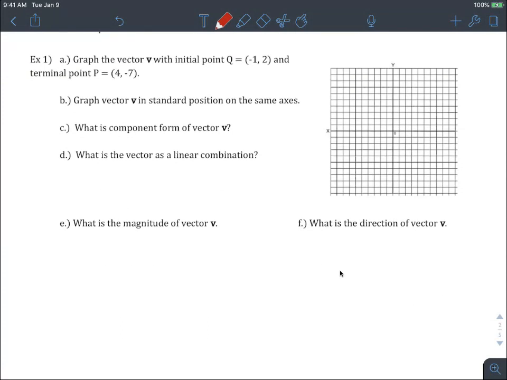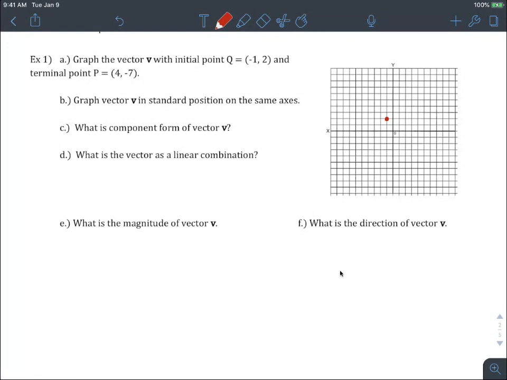All right, so graph the vector v with initial point Q at (-1, 2), a point because it has parentheses instead of pointy parentheses, and a terminal point P at (4, -7). So the name of our vector is v, and we're going to go to -1, +2.